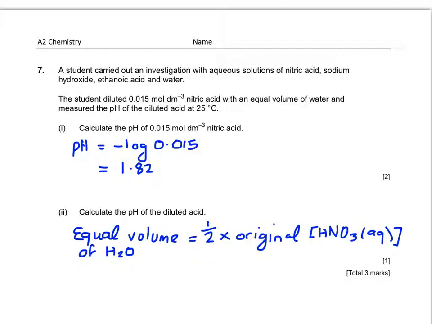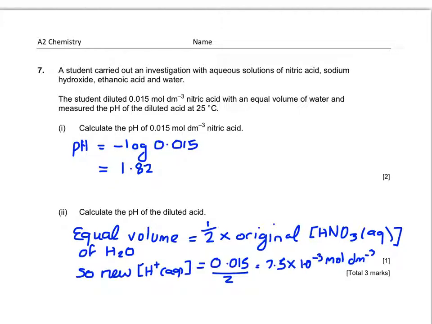Same number of moles of HNO3 as before, so that means the concentration must have gone down, to half the original concentration. So volume and concentration are inversely proportional. So that gives us 7.5 times 10 to the minus 3 moles per decimetre cubed as the new hydrogen ion concentration. So that gives us a new pH of 2.12. So lower hydrogen ion concentration, slightly less strong acid, so the dilution effect actually has an impact on the pH as well.